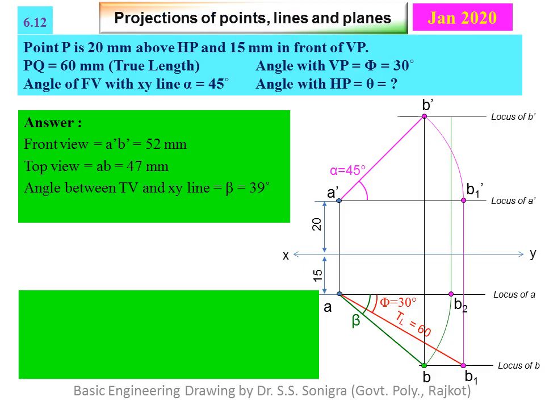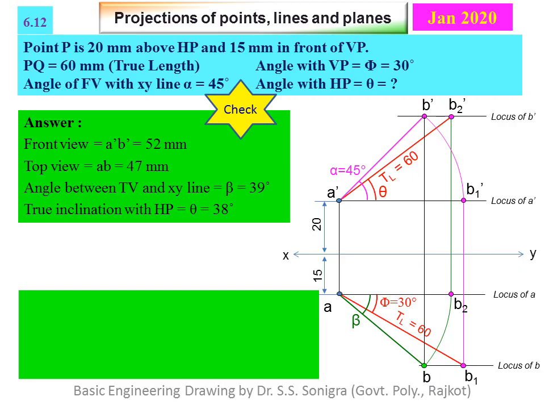From point B2 draw a straight vertical line that will cut locus of B dash at this point, that is point B2 dash. Join A dash with B2 dash, that is true length, and that must be equal to 60 millimeter. Measure this angle with XY line, that is called as theta. So true inclination with HP, theta, is equal to 38 degree.